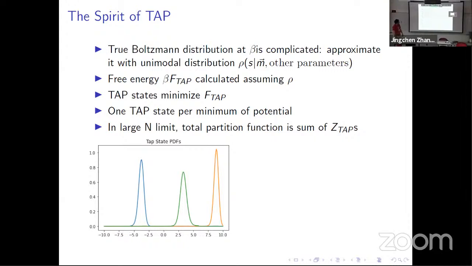So the TAP states are like good approximations to the Gibbs distribution, or at least low distributions that can't be locally improved upon.